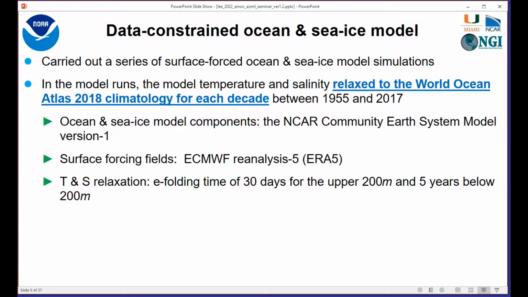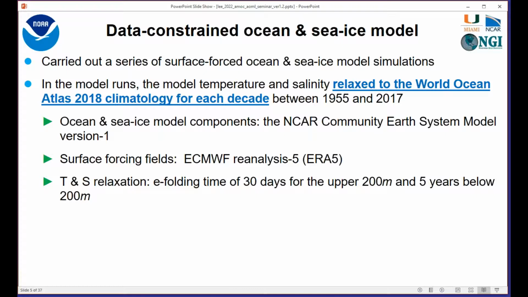In the next simulation, the model was relaxed toward the period of 1965 to 74, then 75 to 84, up to 2004 to 2017. So we have several different periods of simulation, and we're going to show the results and compare them.